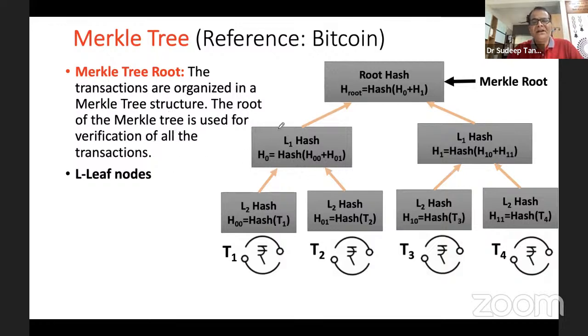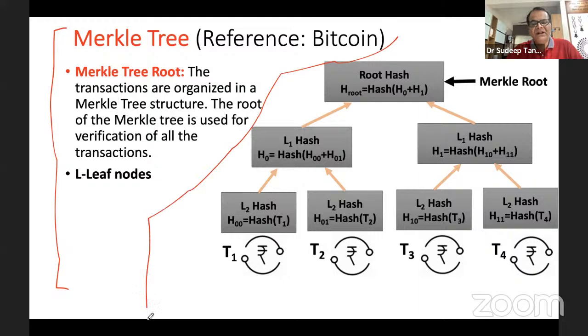Now we know that your transactions are organized in a Merkle tree root structure. From the attacker's perspective, let's see how difficult it is to tamper with data in an already committed transaction. For example, consider a small fragment: 4 transactions T1, T2, T3, T4, which are already committed.